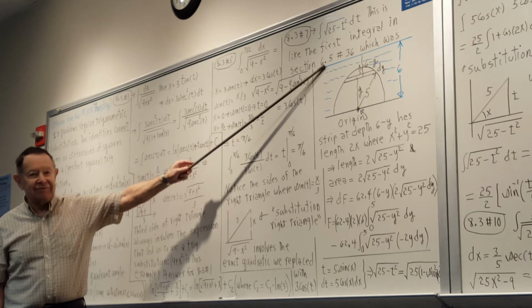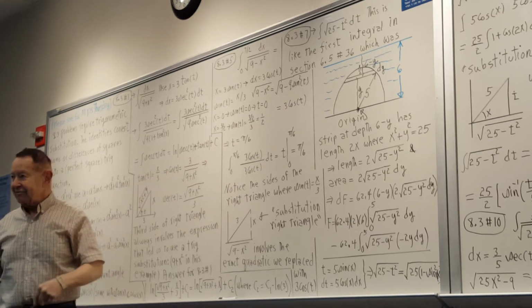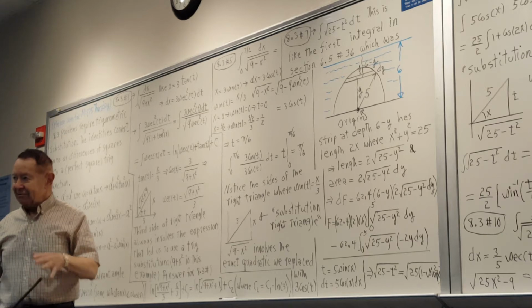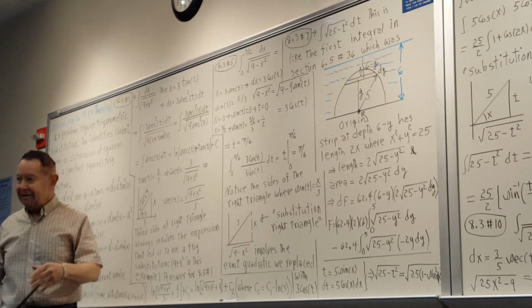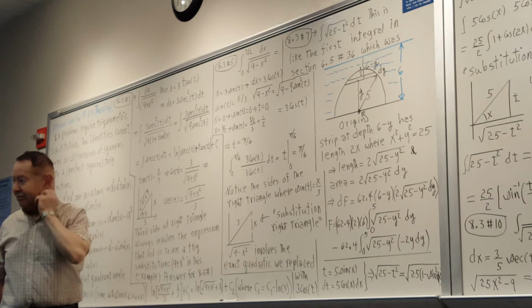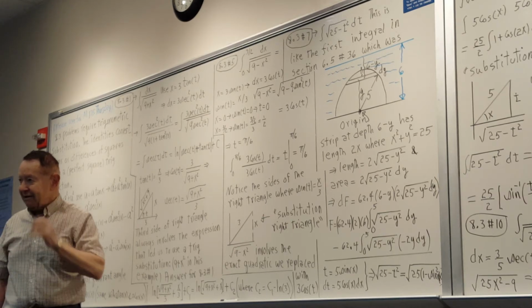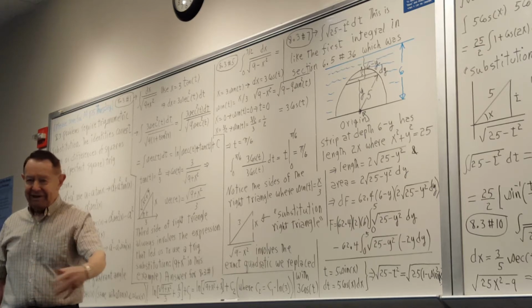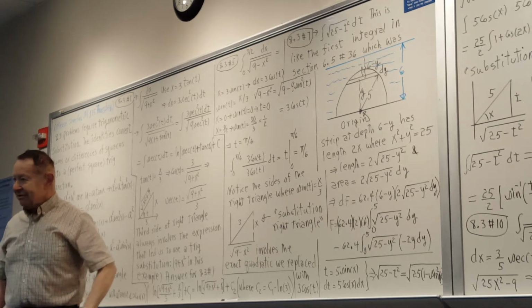When we were in 6.5, a lot of the problems were work done by variable force like Hooke's law and whatnot, or lifting the bucket where the water was leaking out in the sand or whatever.